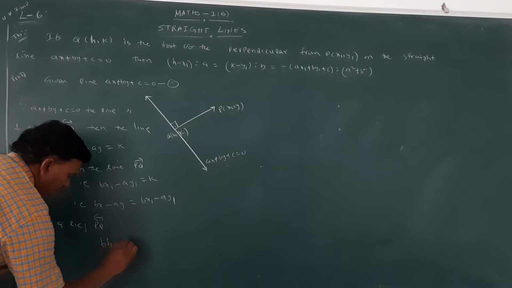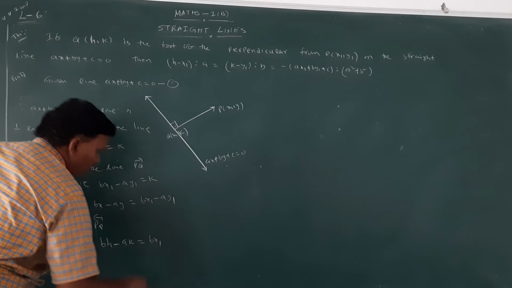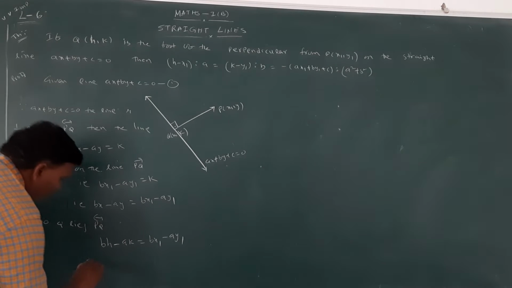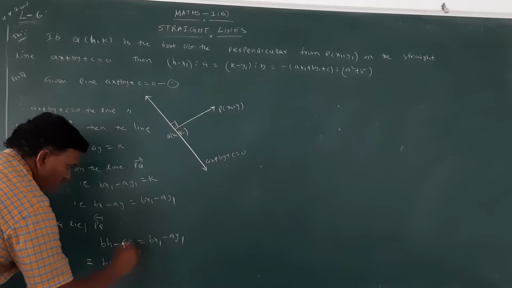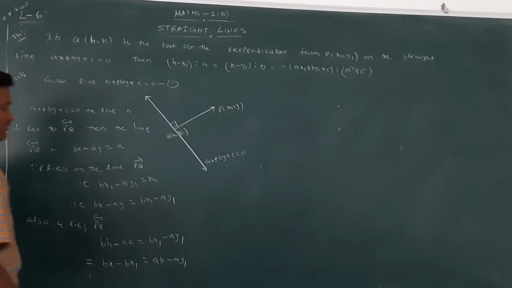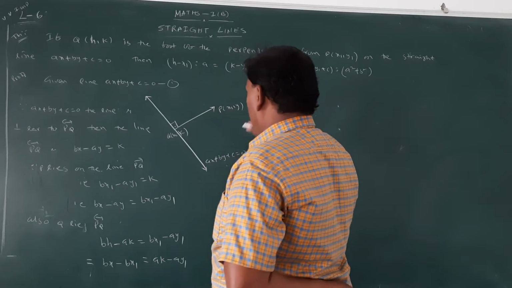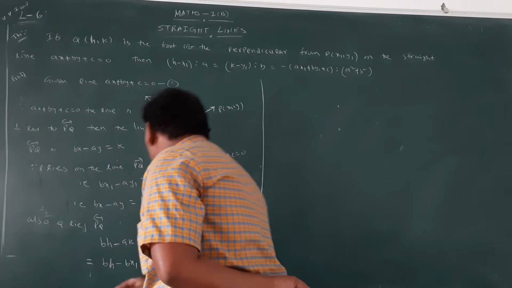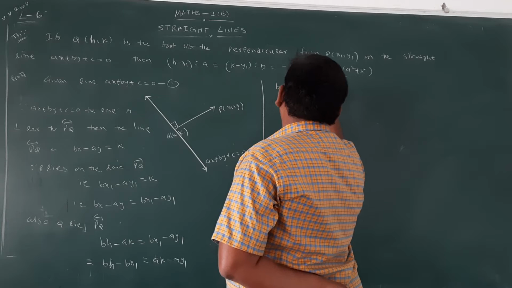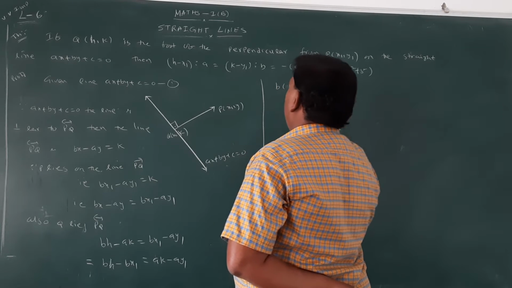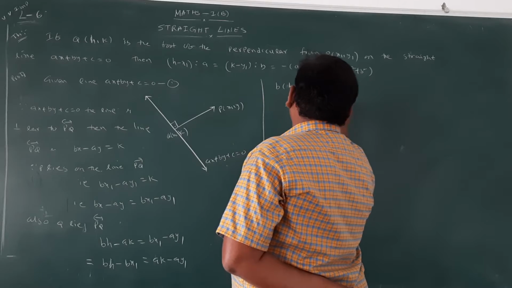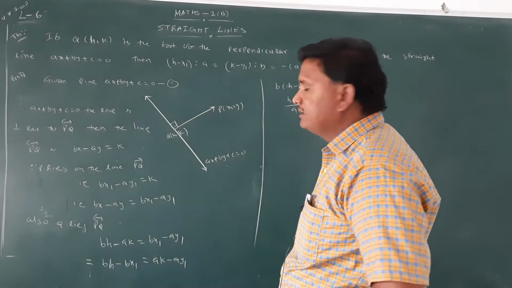bh - ak = bx1 - ay1, which implies bh - bx1 = ak - ay1. Taking b common, b(h - x1) = a(k - y1).